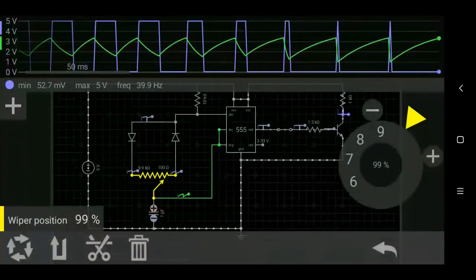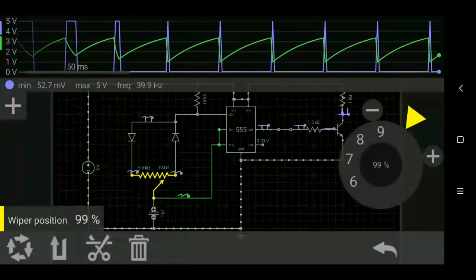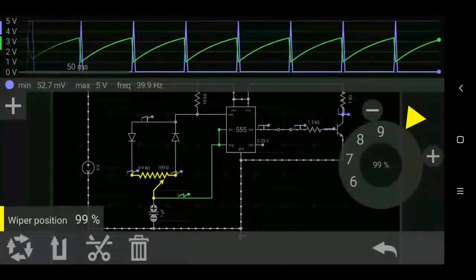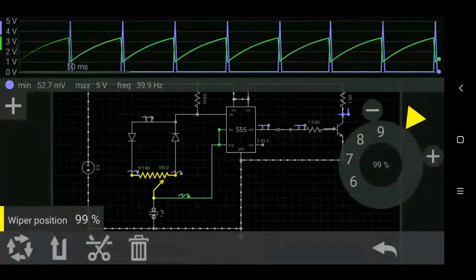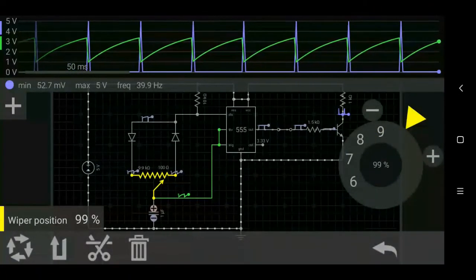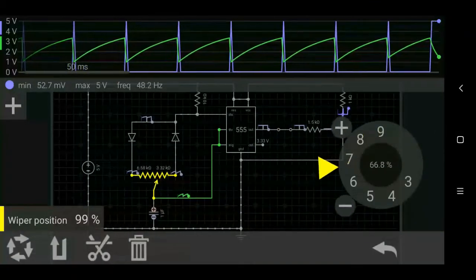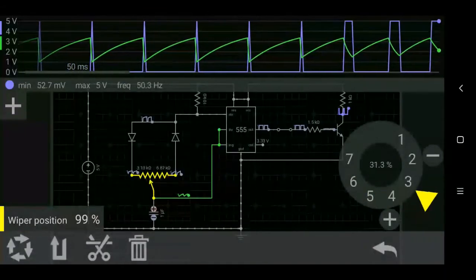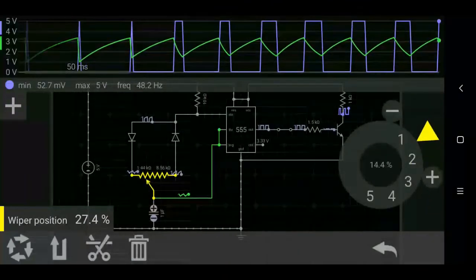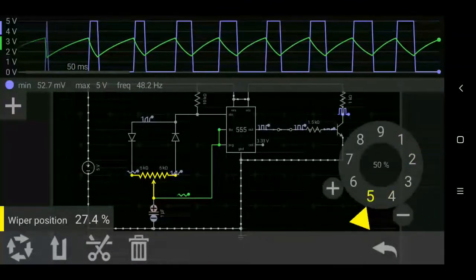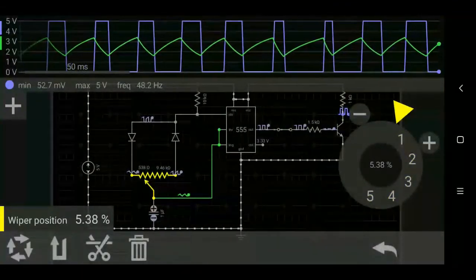Earlier it was 50% to 99%, and now it's 50% to, I think, 1%. This is the minimum on time we can get, the minimum duty cycle, and it's less than 1 millisecond. So we can control the duty cycle from 5% to 10% very easily by using this 10k potentiometer. And this is a good circuit to control the servo motor.